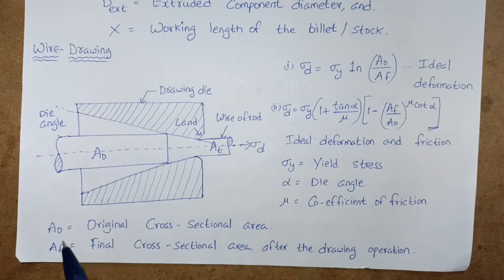A0 is the original cross-sectional area and Af is the final cross-sectional area after the drawing operation.